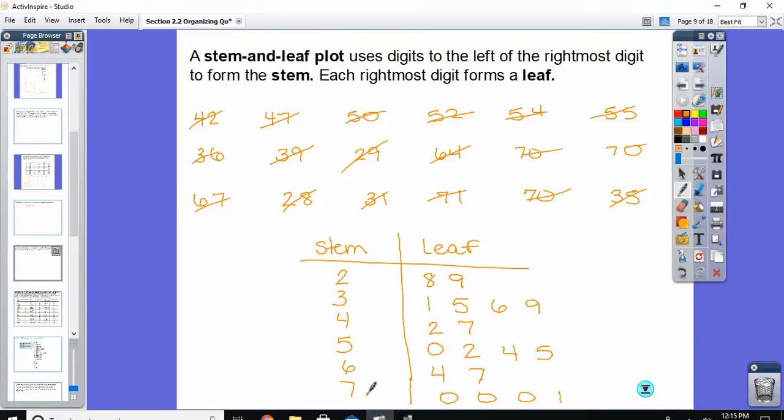If these were decimals, if I had like a 4.2, you can do the same thing. You can have your decimals over here.